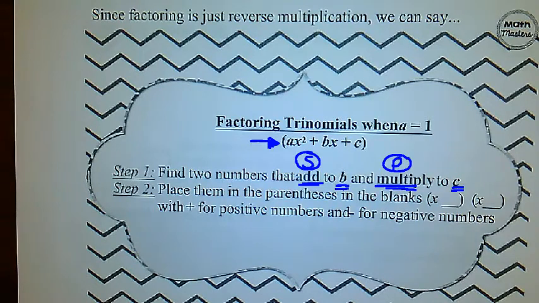You're always going to start with your x and your x, or whatever your variable is. If your variable is a y, that will be a y and a y. And then plus would be for a positive number, and minus would be for a negative number. I'm going to go through some ways you can figure out those in advance, so please make sure you're listening for those.